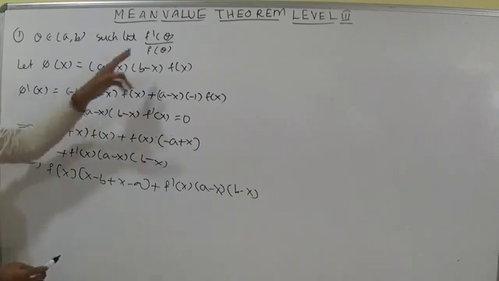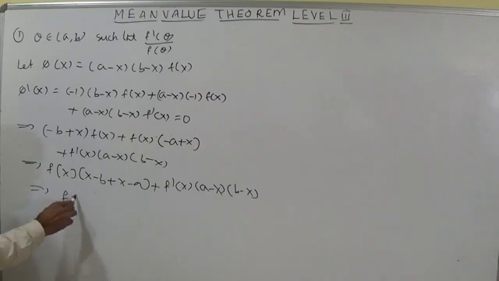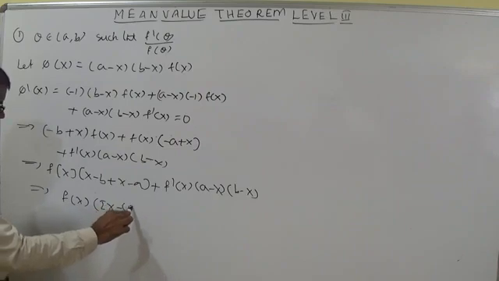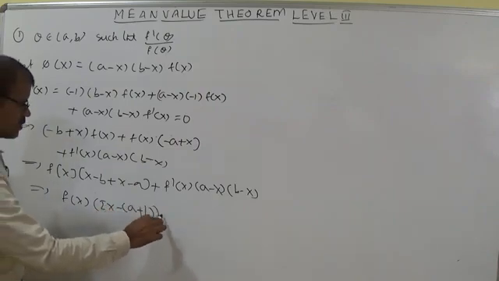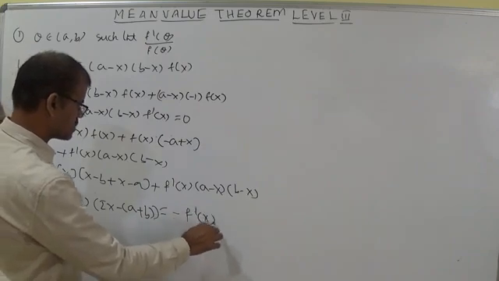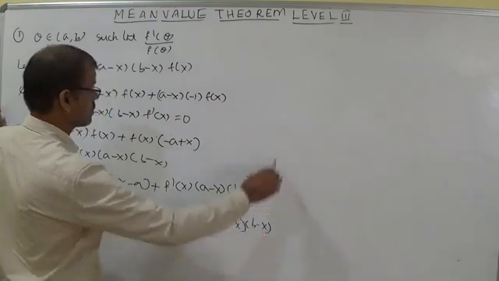Now for f dash x by f of x, let us write f dash theta by f of theta. So we can write f of x into 2x minus of a plus b is equal to minus of f dash x into a minus x into b minus x.